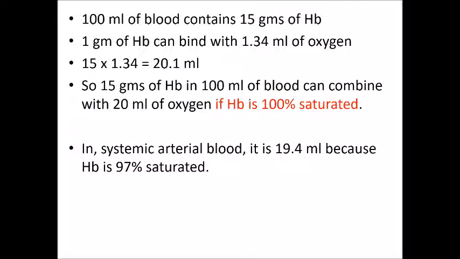But this is not the case. Our hemoglobin is 97% saturated. So actually in systemic arterial blood it is 19.4 ml. So in 100 ml of blood, 19.4 ml of oxygen will be there.